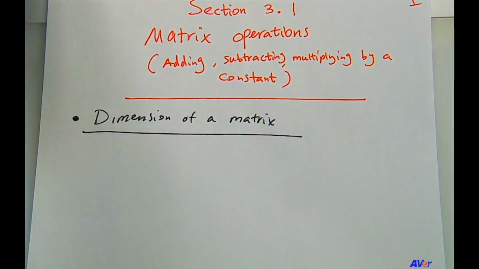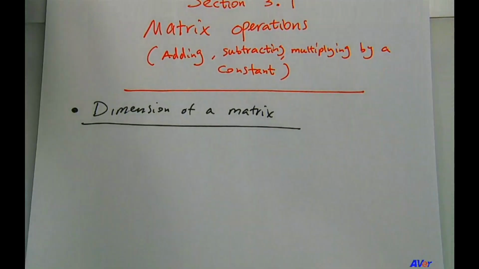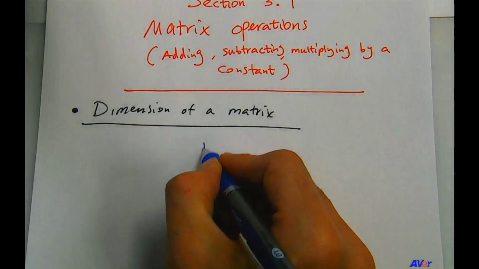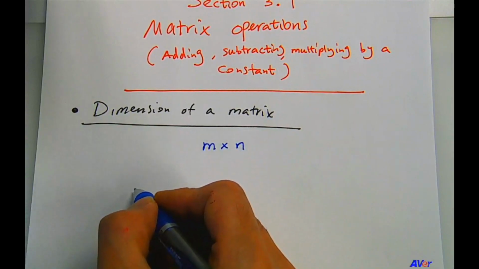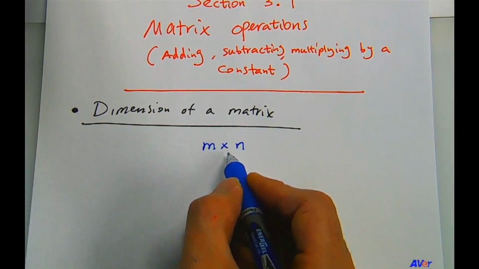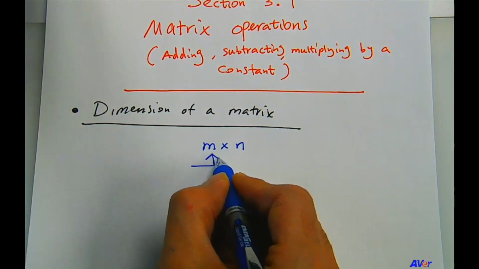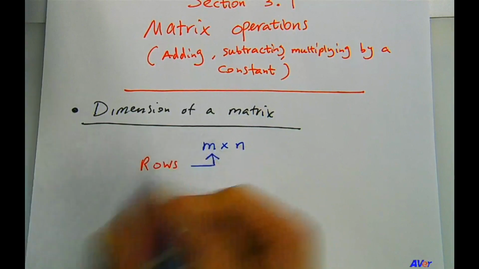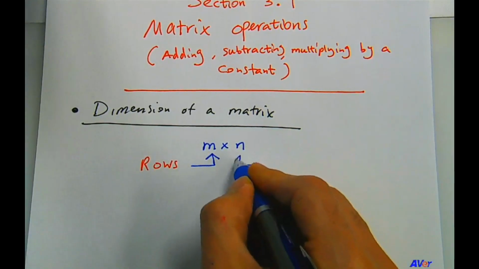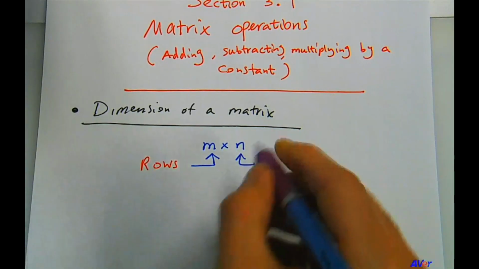Dimension of a matrix is usually expressed by these letters in various books, m times n. Whenever you see this, the first number always represents the number of rows in a matrix, and the second number represents the number of columns.